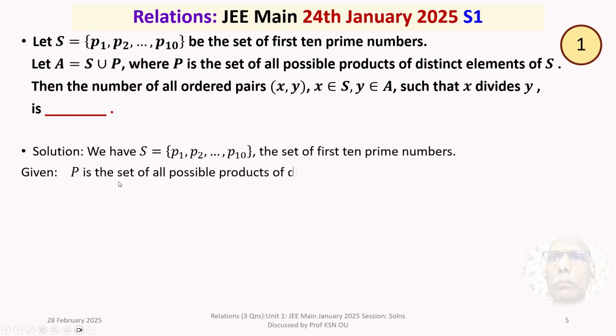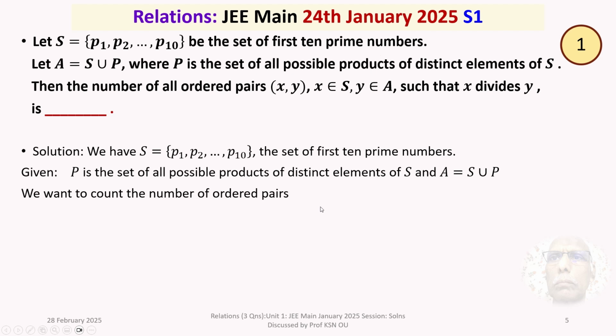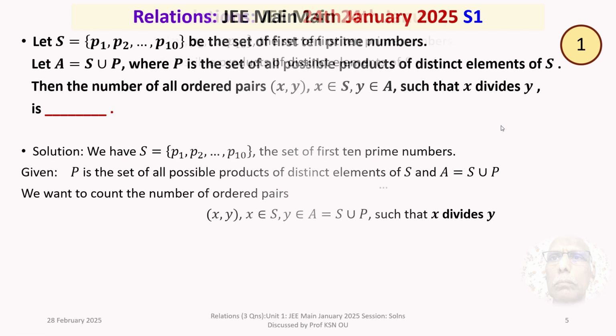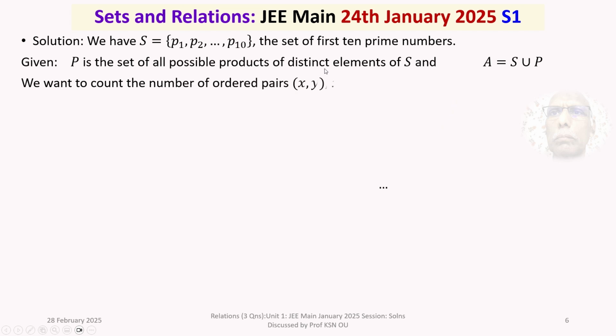Given P is the set of all possible products of distinct elements of S, and A is equal to S union P. We want to count the number of ordered pairs x comma y, where x belongs to S, y belongs to A, what is A, is equal to S union P, such that x divides y. So, we continue in the next slide.